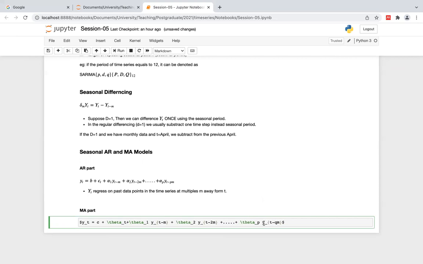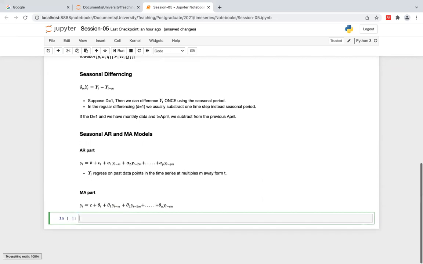Should be Q. Because in the moving average part, we consider the previous error component, right? Then in a similar way as previously, we have to consider the time differencing based on the seasonal period, not just the previous timestamp.